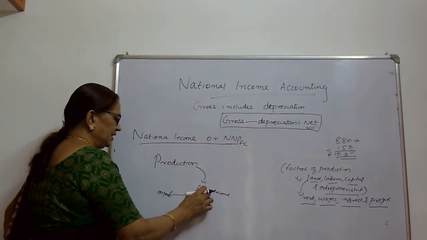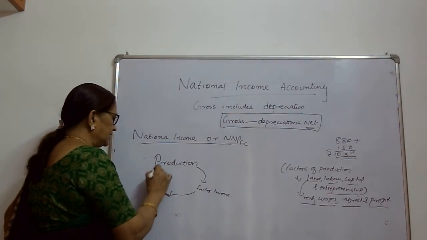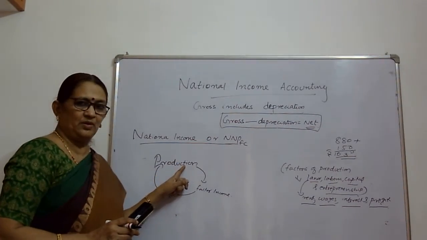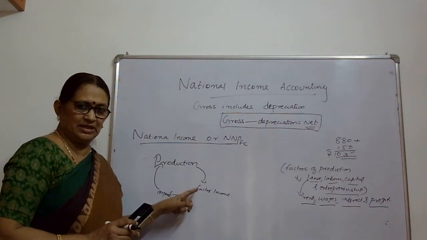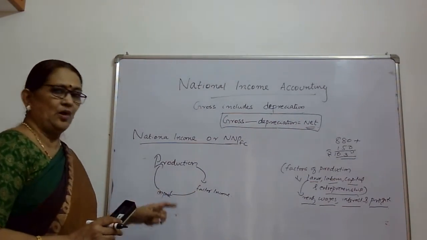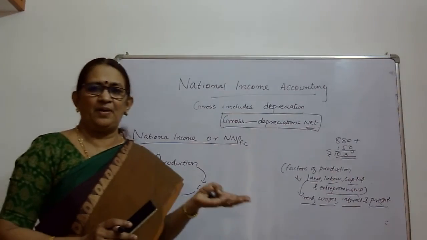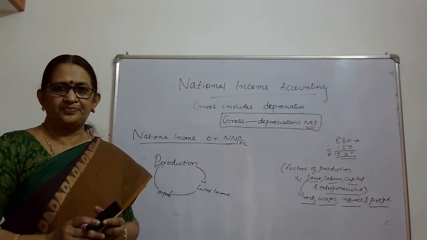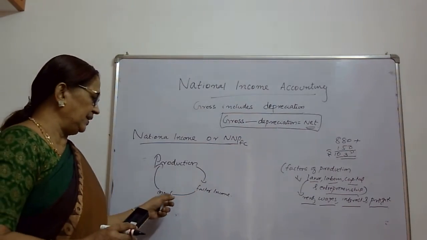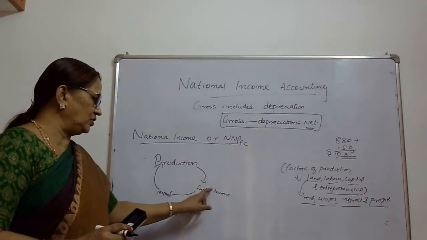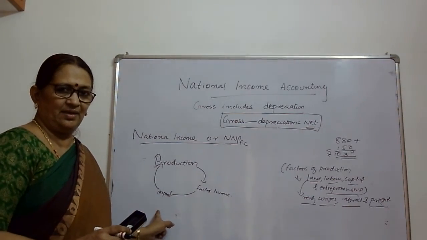That means this income is spent to purchase the goods and services. So the value of the goods and services produced is equal to total factor income generated is equal to total expense, that is a purchasing power. This income increases the purchasing power of the people. So the disposable income, this is the disposable income, the income with the household to spend as they like.